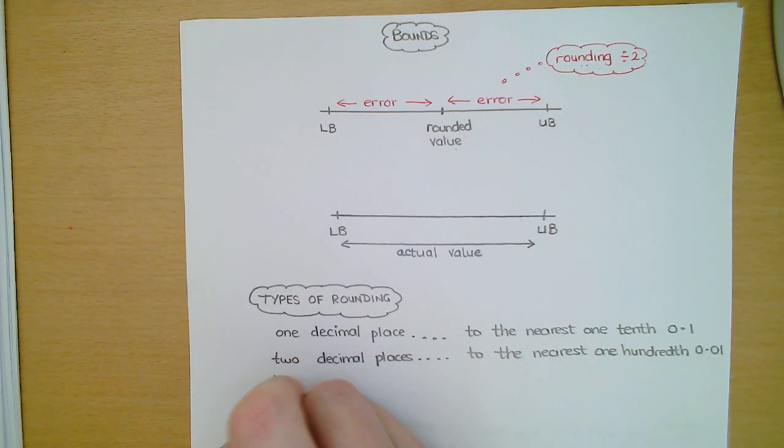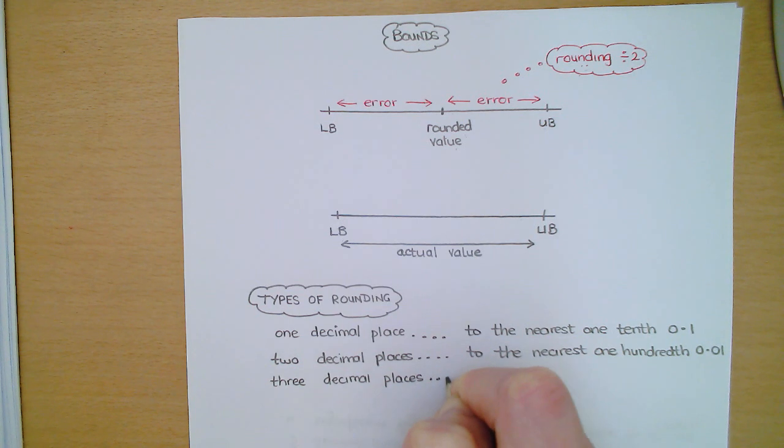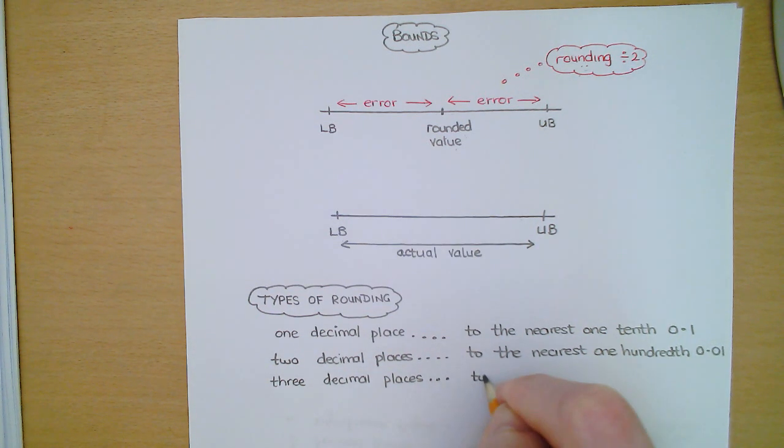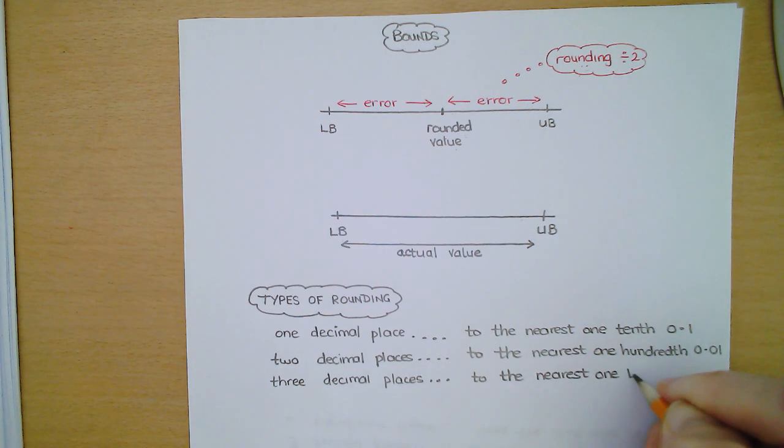Likewise, to 3 decimal places, we would be rounding to the nearest 1,000th.